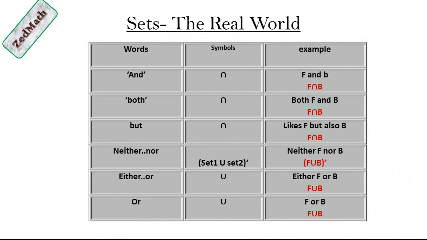As shown in the example, neither F nor B means F union B but complemented, so elements that are not in F or B. Then the other one is either or. This just represents union. So if we say either F or B, that is just F union B. The last one is or, which is also union, and you can see in the examples F or B is F union B. Let's move on.